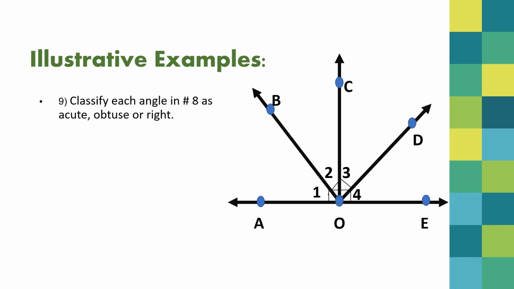Next, we have number 9. Classify each angle in number 8 as acute, obtuse, or right angle. Okay, so we have acute angles: angle AOB, angle BOC, angle COD, and angle DOE.